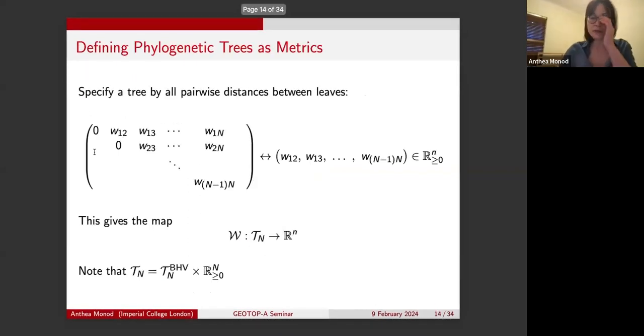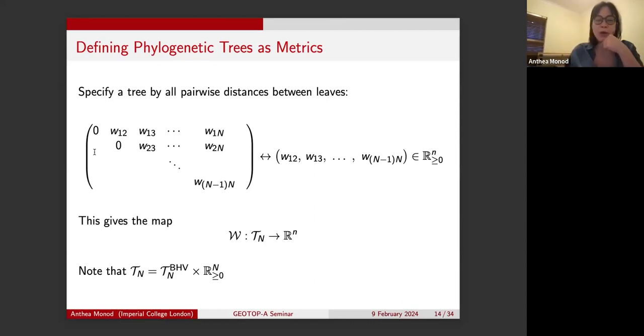Okay. So before I go to the next perspective, the tropical perspective, which is the one that I'm working in, I want to take a step back and reflect on how trees can generate different kinds of moduli spaces. You can specify a tree by all pairwise distances between leaves.